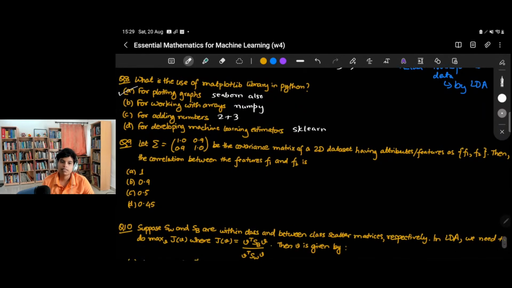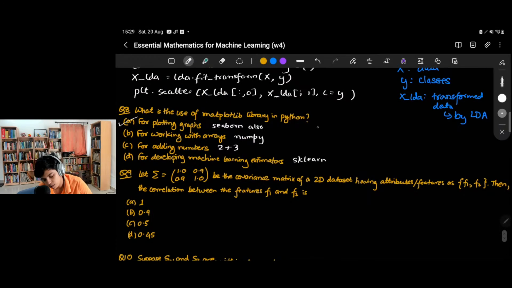So matplotlib is used for plotting graphs, and graphs means you have both 2D and 3D functionality, and it is also used for making animations.